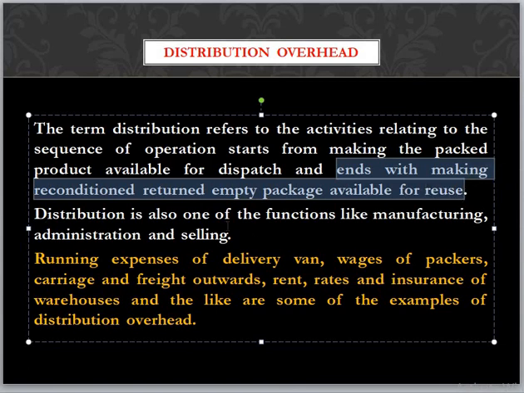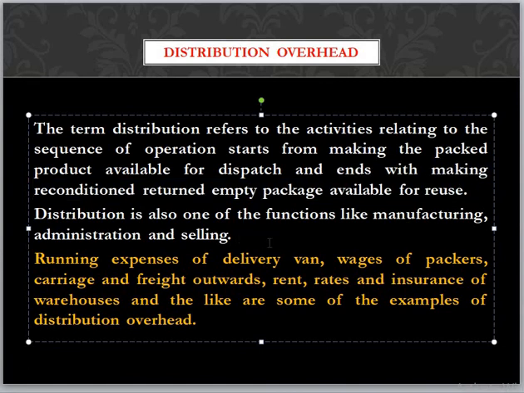So distribution is also one of the functions like manufacturing, administration, and selling, but it is the last step in the selling process. So all those expenses which are related to distribution of goods produced by you are called distribution expenses. Some of the examples are running expenses of delivery van, wages of packers, carriage and freight outwards, rent, rates and insurance of warehouses, and the like are examples of distribution overhead.